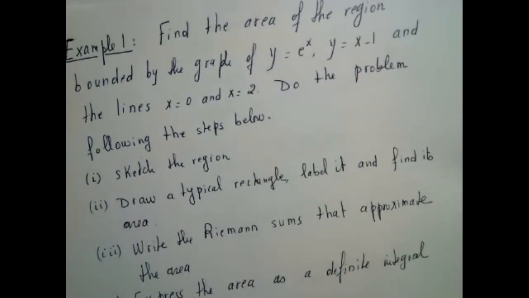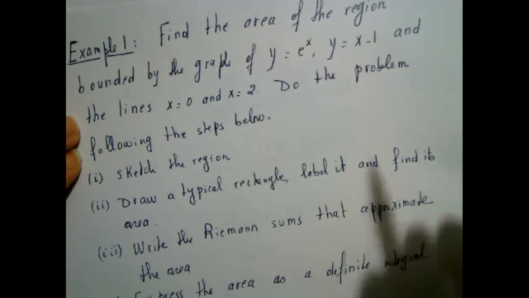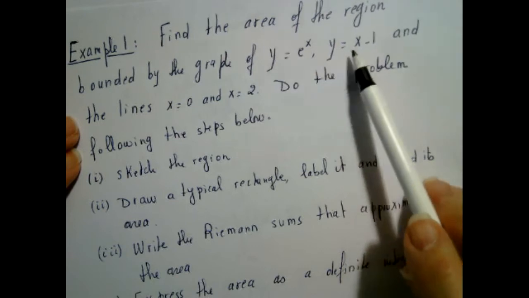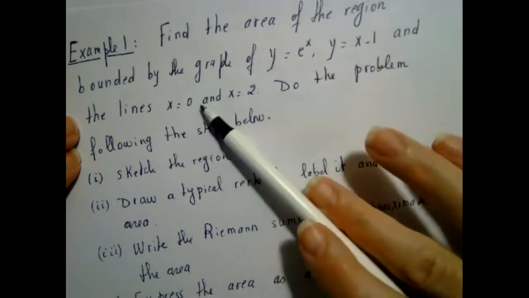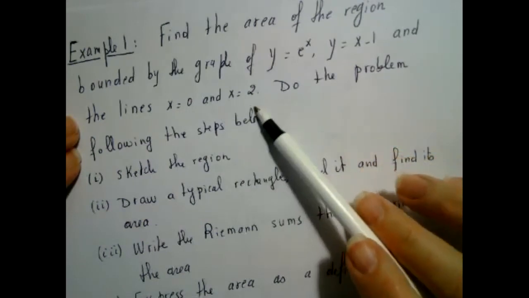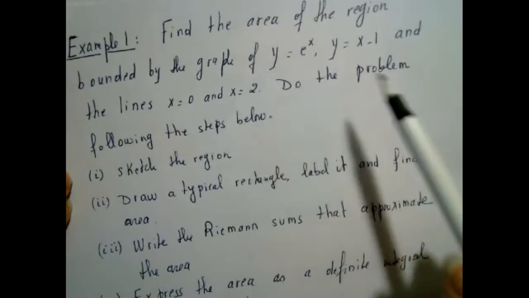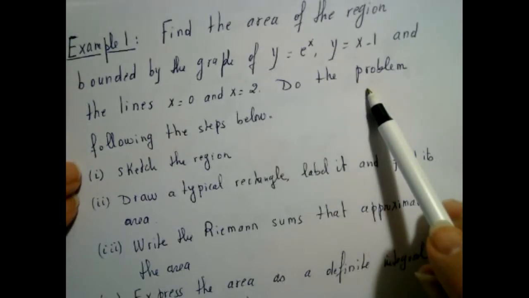Find the area, if you guys are writing, I will be slow, of the region bounded by the graphs of y equals e to the x, y equals x minus 1, and the lines x equals 0 and x equals 2. So that's really my problem. And do the problem following the steps below.